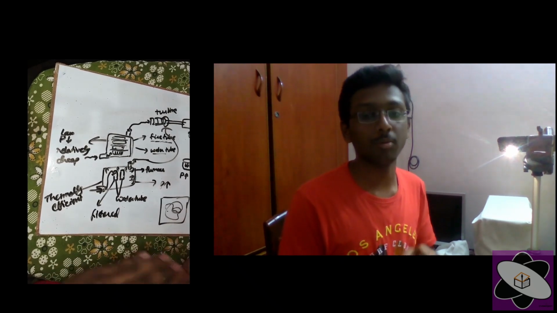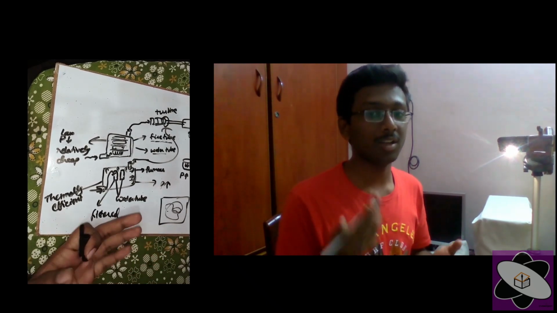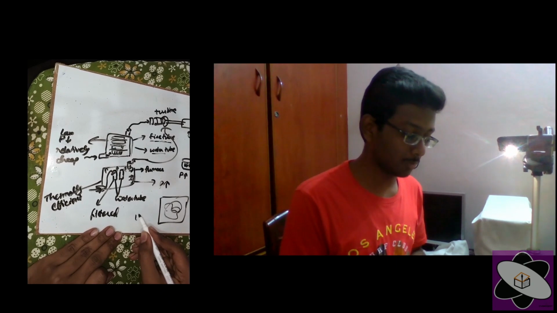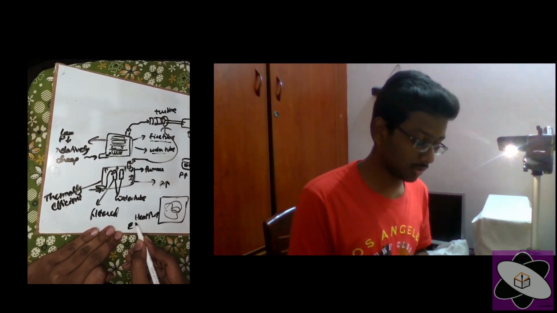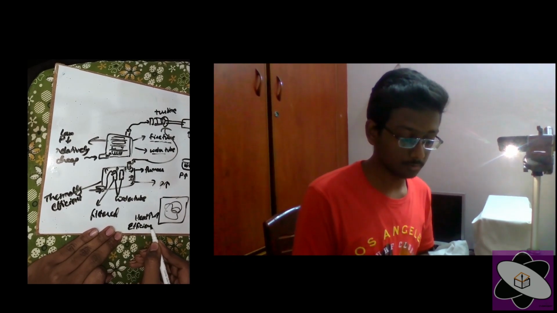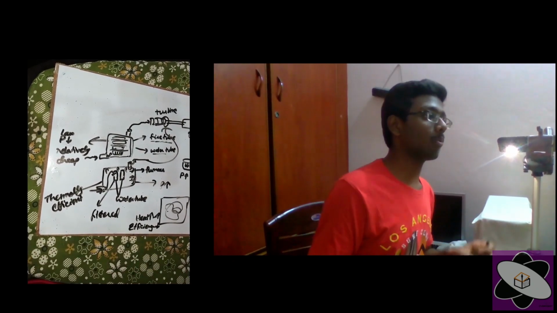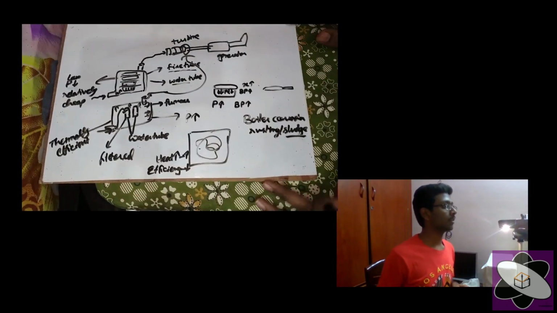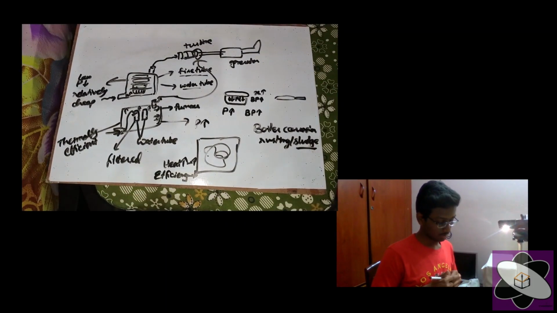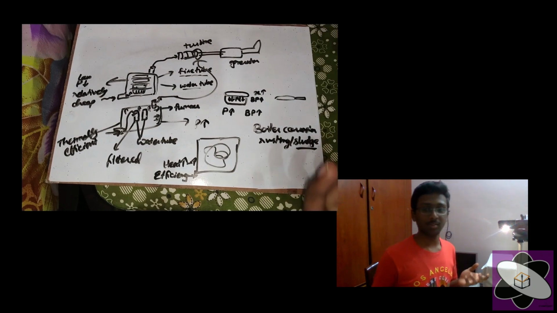It should be isolated from the outside environment. So if heat dissipation is more, then efficiency will be less. These are some of the points which can be noted from here. So these things tend to take place in the boilers.